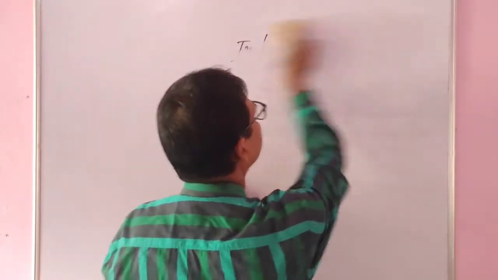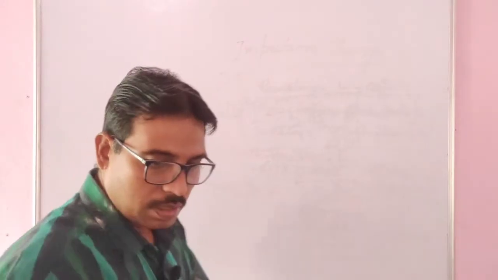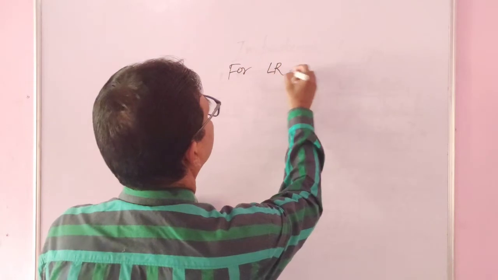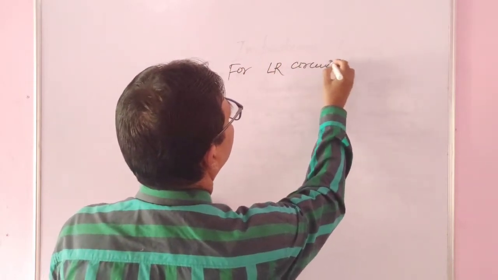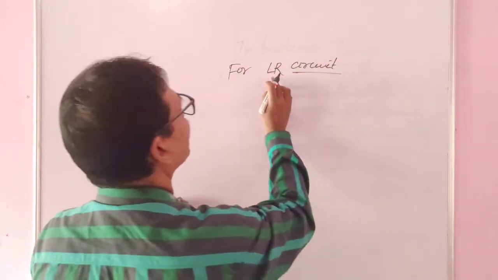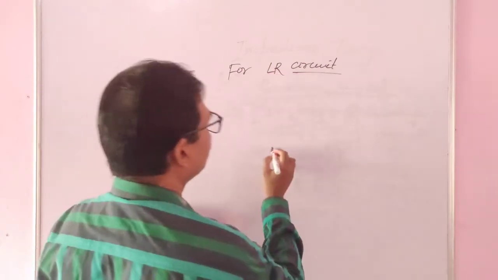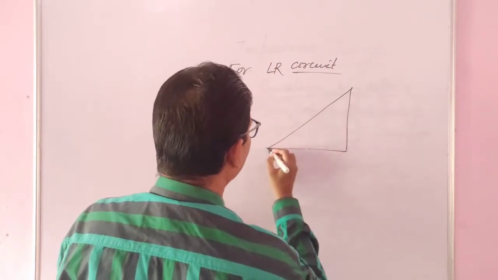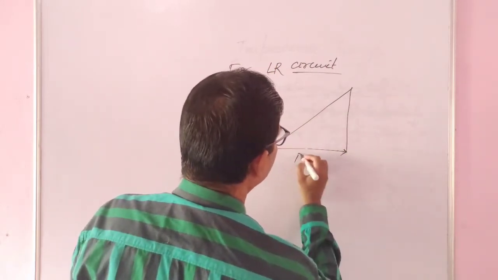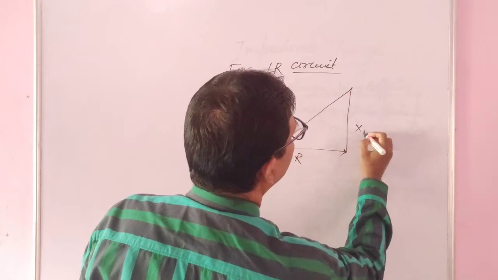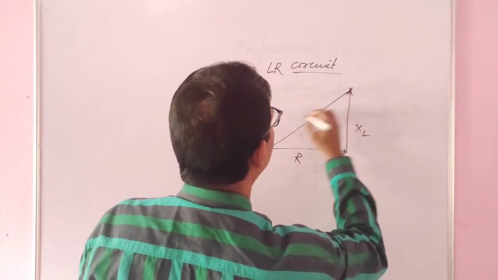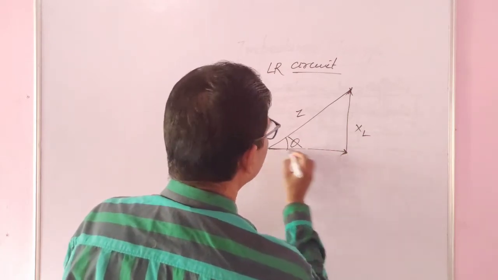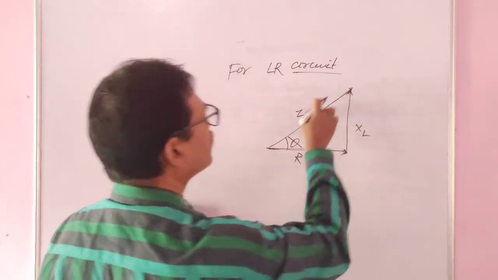So coming to the point, for an LR circuit, only L and R will remain. So in that case, this is the vector R, this is XL and this is Z, and this is the angle. Clear? These two are vectors, and this is the resultant.